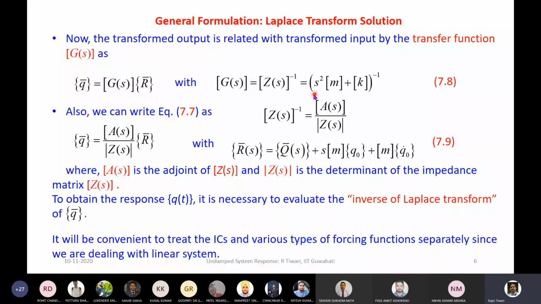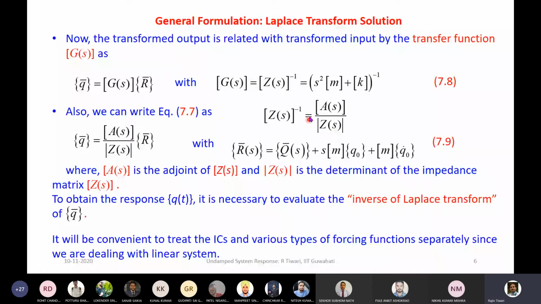So now you can see that we are inverting. When we invert the Z matrix, then in the previous classes we have seen that the adjoint of that Z matrix divided by the determinant of the Z matrix will give the inverse of this.